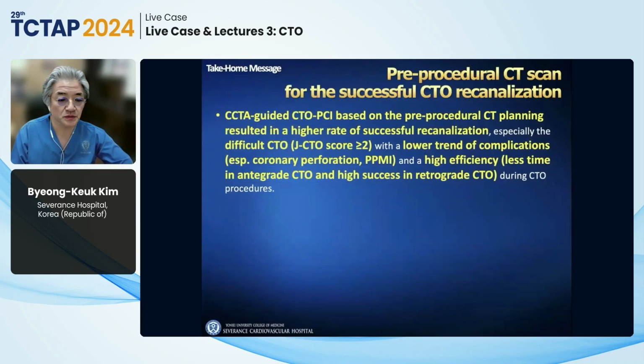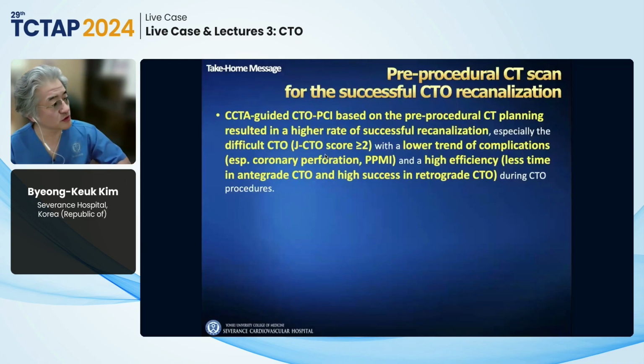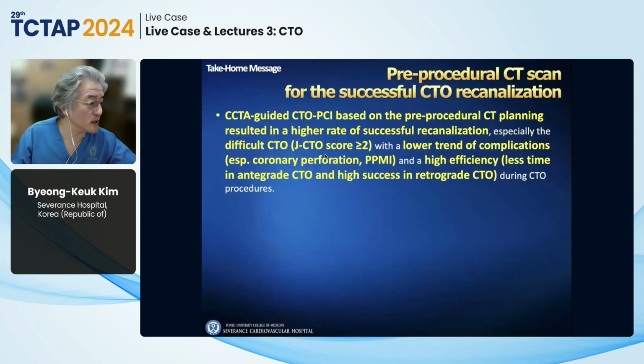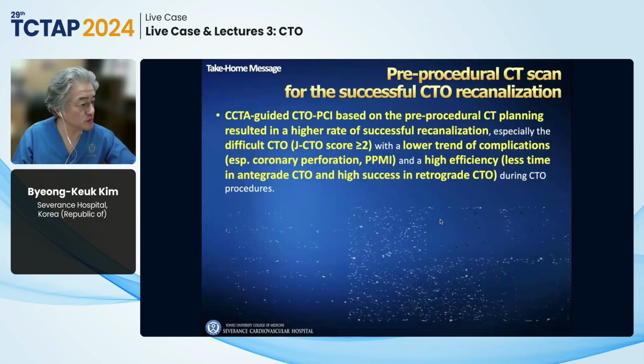Ladies and gentlemen, this is my take-home message. CCTA-guided CTO PCI based on pre-procedure CT planning resulted in a higher rate of successful recanalization, especially in difficult CTO with a J-CTO score greater than 2, with a lower trend of complications, especially coronary perforation or large peri-procedural MI, and high efficiency, with less time in antegrade CTO and a high success rate in retrograde CTO during the CTO procedure.